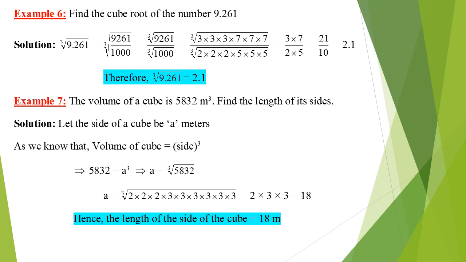Convert both numerator and denominator into the product of primes. And when you find out the cube root, then take out 1 prime from each triplet, which will be 3 into 7 in the numerator and 2 into 5 in the denominator. So that comes out to be 21 by 10. And finally, we have to convert the answer into decimal, which will be 2.1.